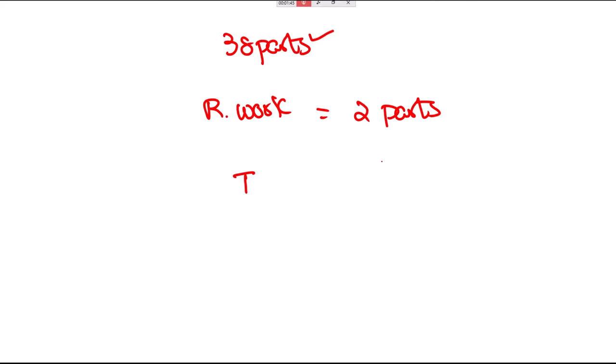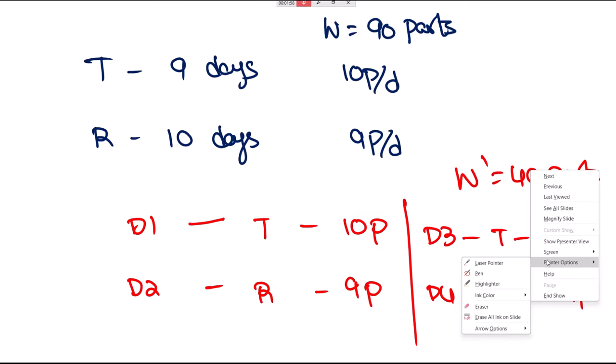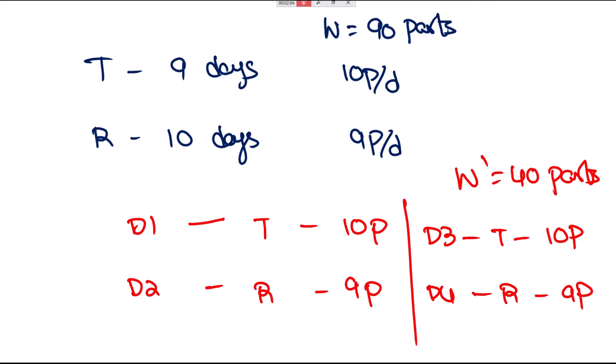We need 2 parts. Time is work by efficiency, 1 by 5th of the day is enough. So already 4 days completed. Up to here it's 4 days. 4 days plus 1 by 5. That 4 1 by 5 is nothing but 21 by 5, mixed fraction.